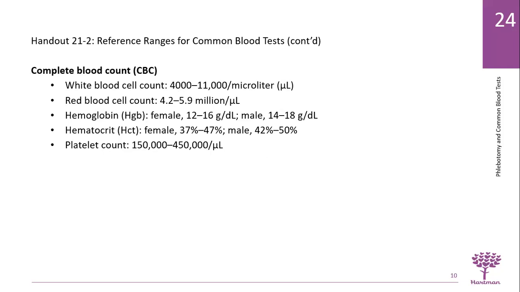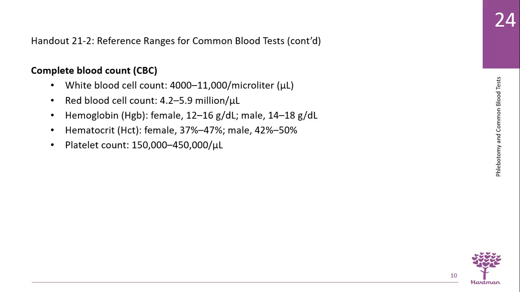Another common blood test that physicians may order is a CBC, which stands for complete blood count. White blood cell count, I do want you to know that the range is from 4,000 to 11,000 microliters. Red blood cell count falls under CBC, hemoglobin, hematocrit, and the platelet count.